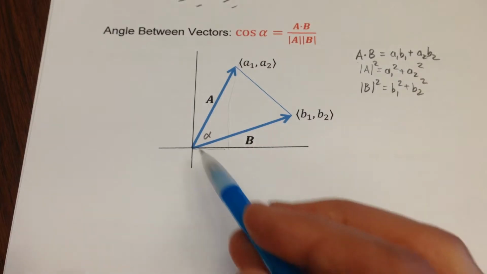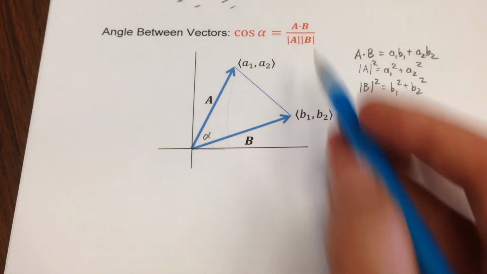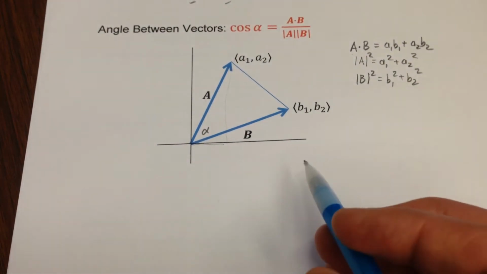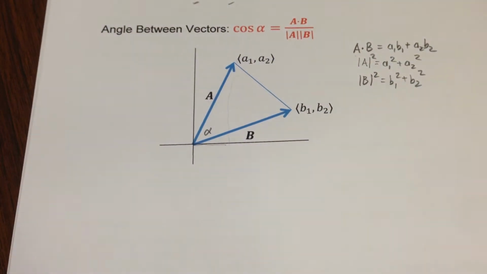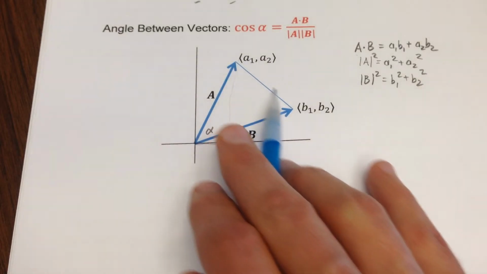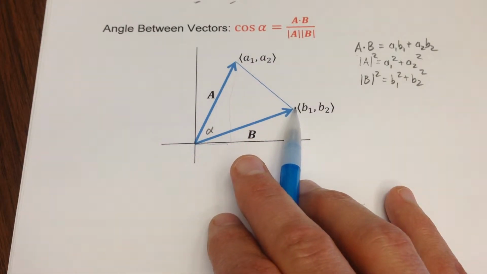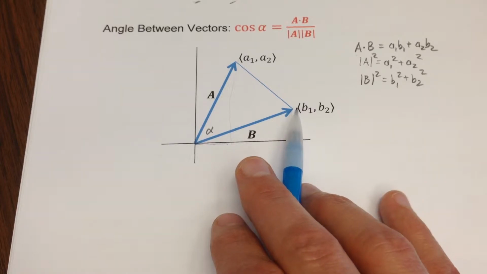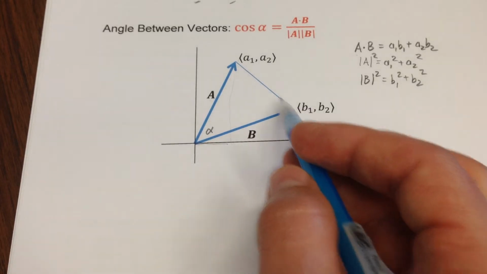Let's think about how we know this equation is true. Have you ever stopped to think that the way we come up with any equation is we think about the same thing in two different ways? Here we'll think about the length of this line in two different ways. The first way is by the law of cosines.